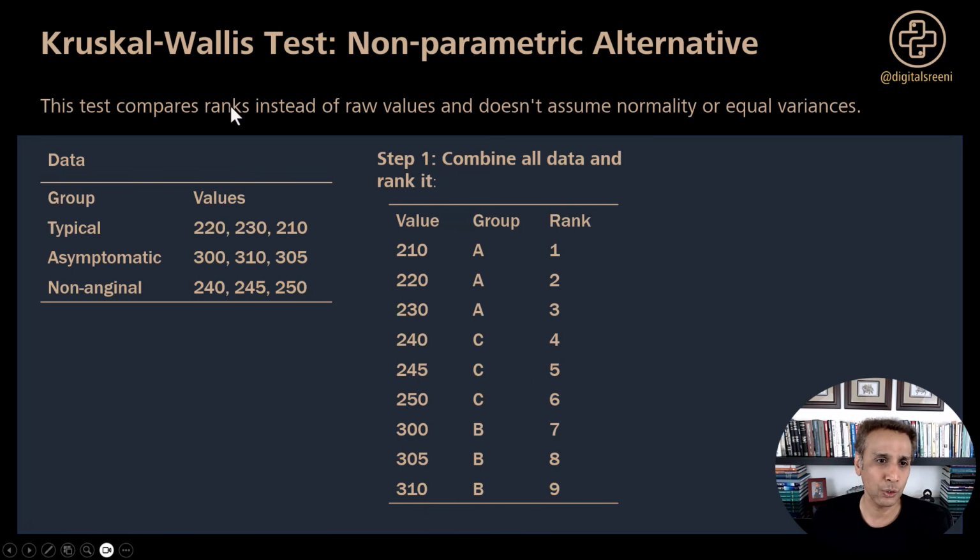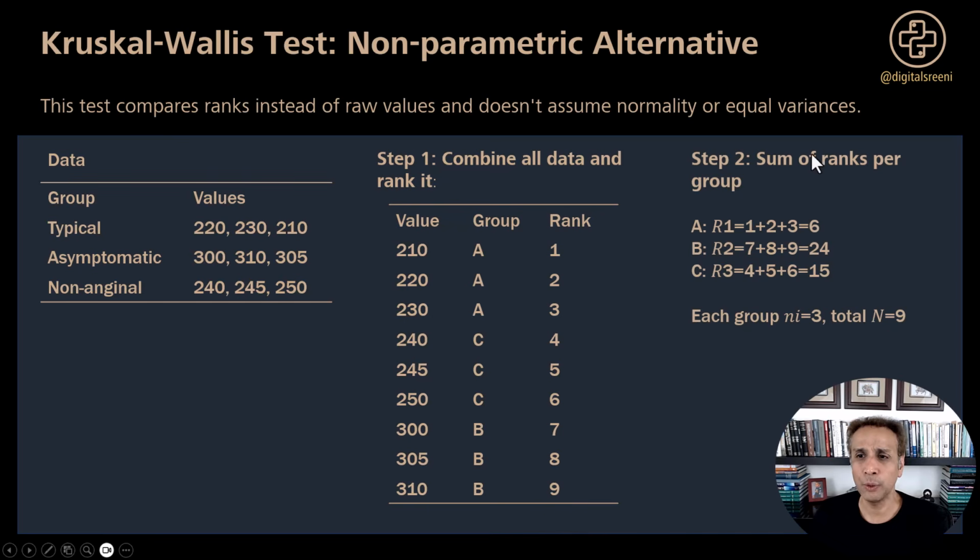You arrange the values and rank them: 210 is the smallest, 310 is the largest. The way I gave the values, they fall into AAA, CCC, BBB, but obviously in reality these can be mixed, and you give certain ranks to them.